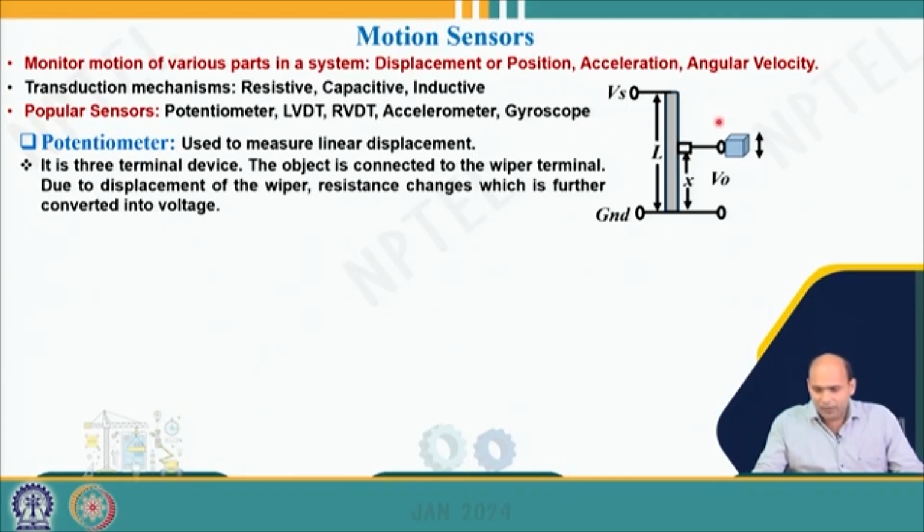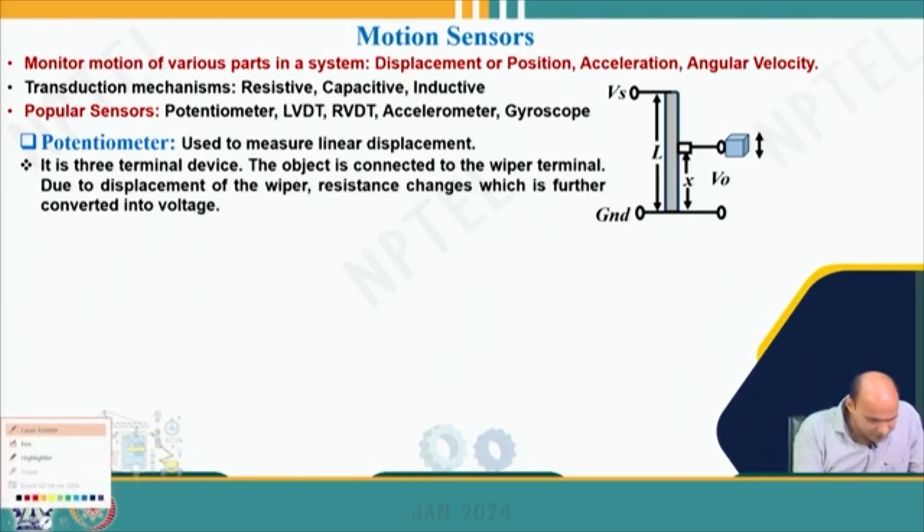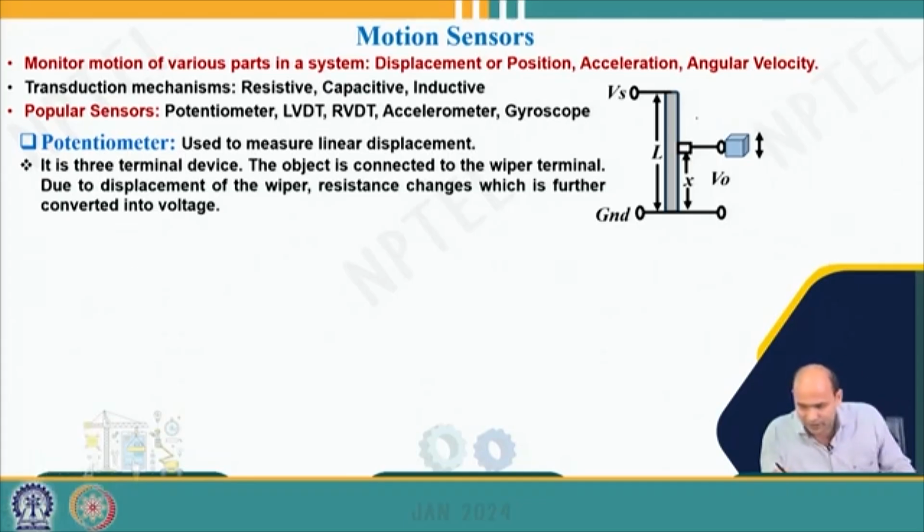Suppose the total length is L and the total resistance is R. Then I can consider what the resistance per unit length will be. Per unit length the resistance is simply R by L, is not it?